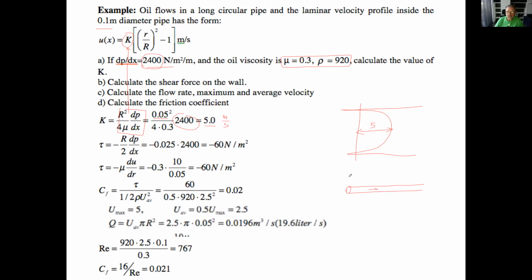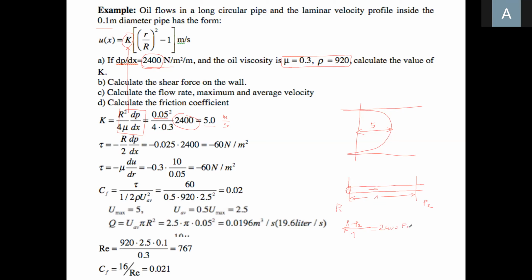What I know is that if I take a slice of 1 meter and I measure P1 here and P2, I will find out that P1 minus P2, per 1 meter, is going to be equal to 2400 Pascal.